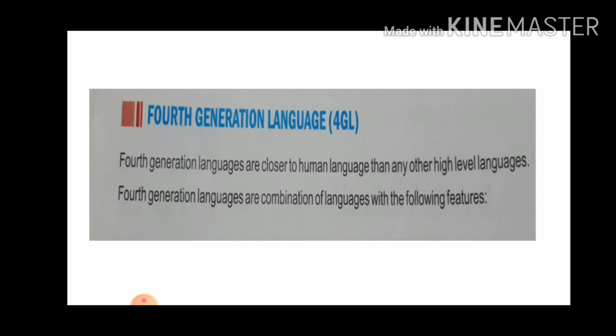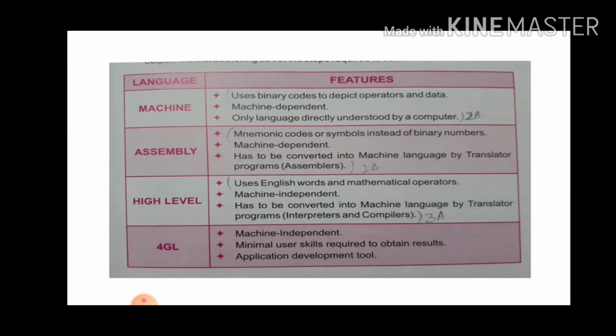It is designed to reduce the overall time, so much time. Yes children, from the fourth generation languages we mainly learn that they are highly user friendly and reduce the overall time.